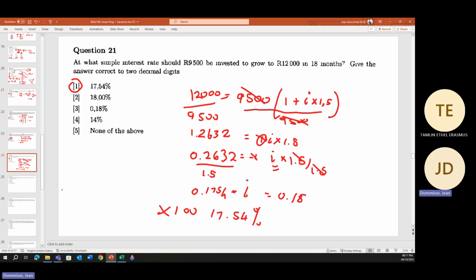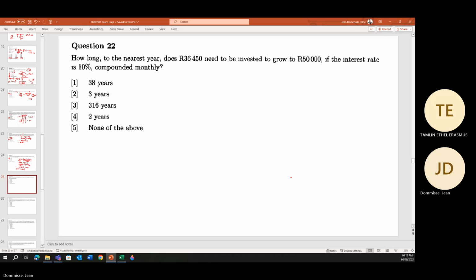Okay, so let's look at what the compounded one will look like. So how long, to the nearest year? Now look at the compound interest.